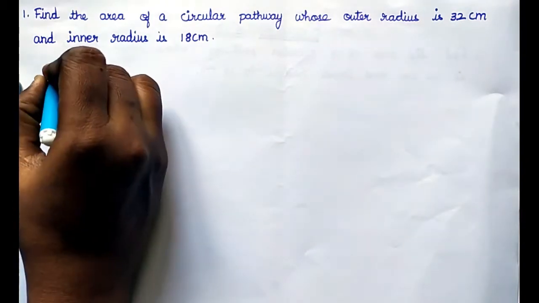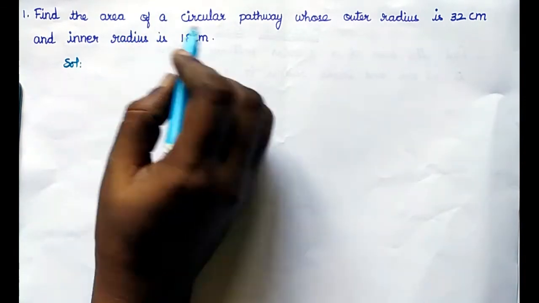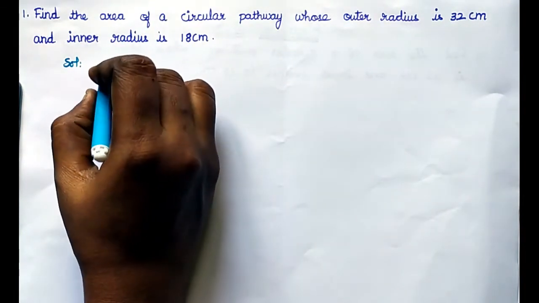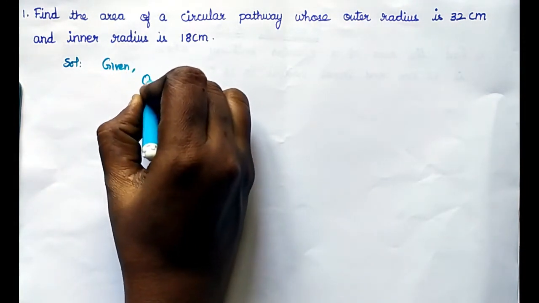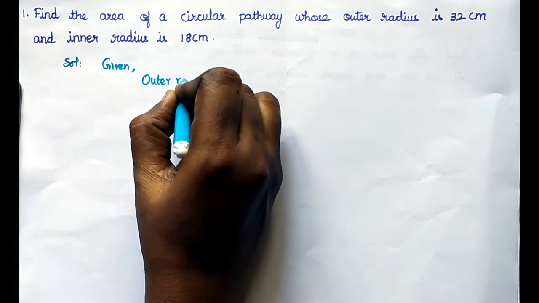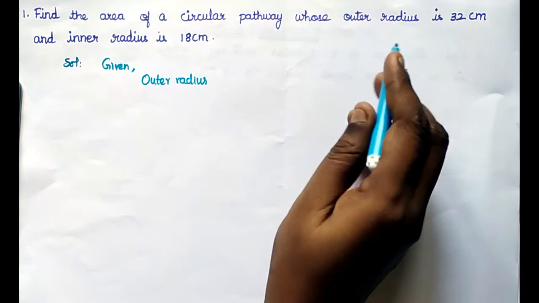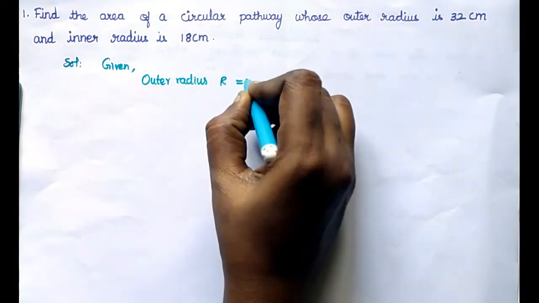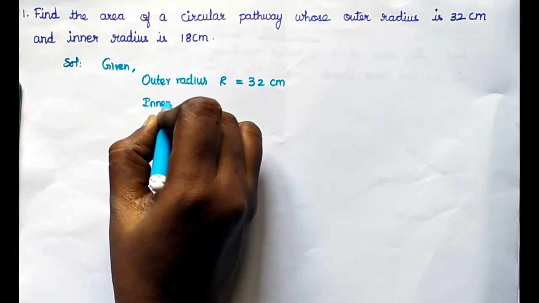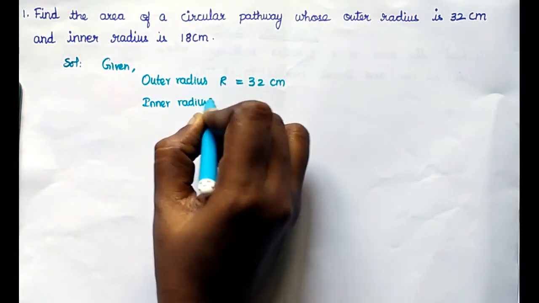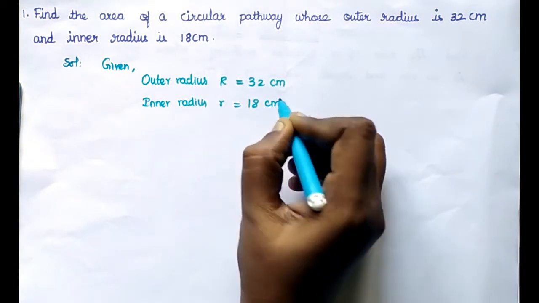Listen, outer radius, that is capital R equal to 32 centimeter, and inner radius, that is small r equal to 18 centimeter.